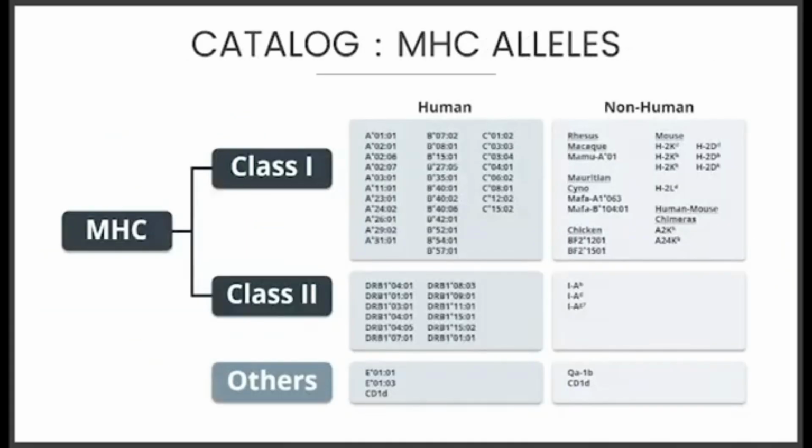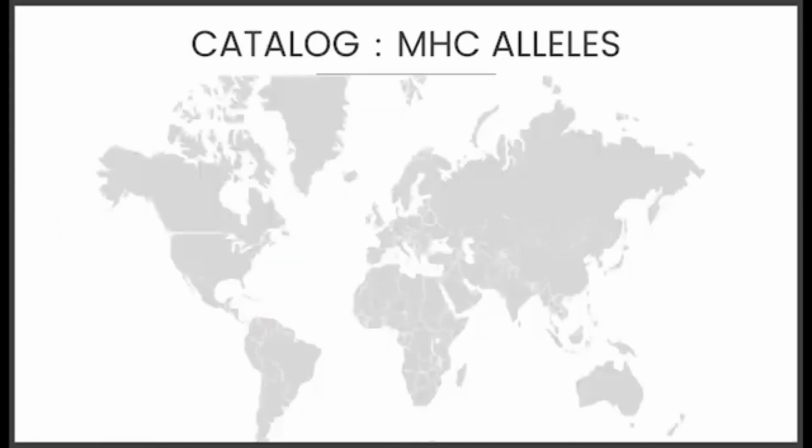Here is a list of the MHC alleles that we currently offer. MHC can be divided into 2 main groups, Class 1 and Class 2, according to its molecular structure and function. Each class consists of several hundred MHC epitopes and classifications. These are the MHC alleles dominant in the Japanese and Chinese populations.